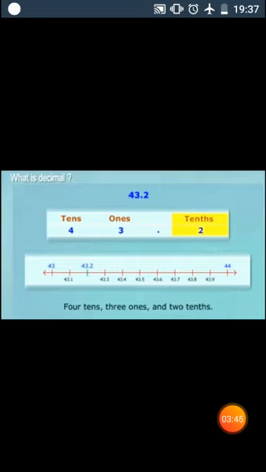Now we can say that 4 tens, 3 ones and 2 tens, or 43.2. The number 43.2 lies between two whole numbers 43 and 44.